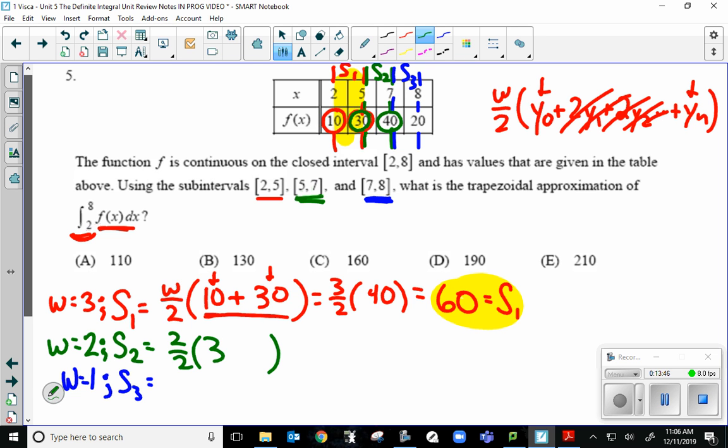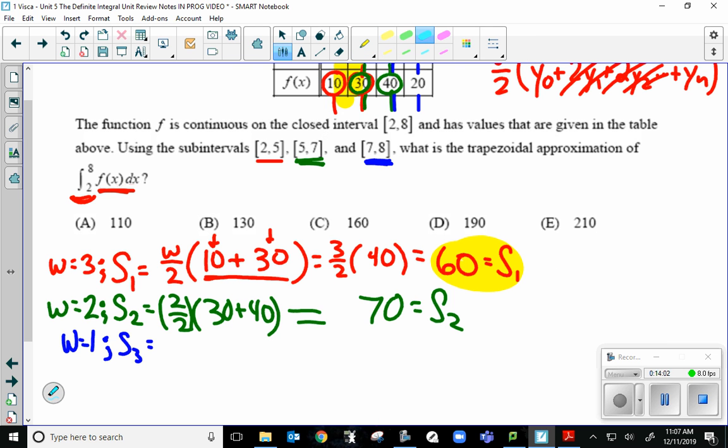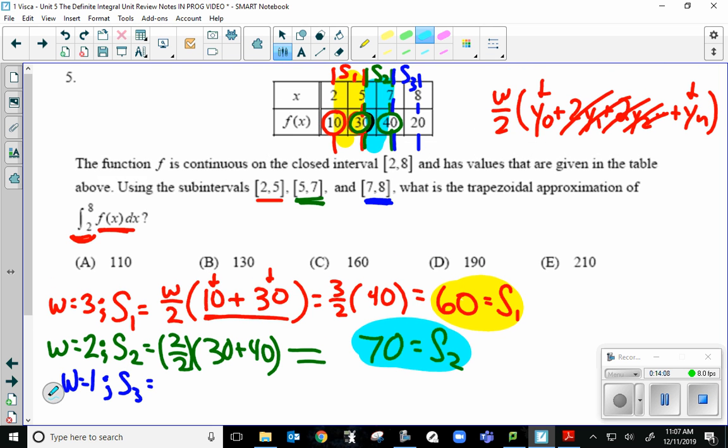So 30 plus 40. I have no in between. I just have bookends. 30 plus 40 is 70 times 2 over 2, which is 1. That's 70. That's the area for subinterval 2. So when I go here, 70 is this area right here in between. I found that out. I got to add that to my last one.